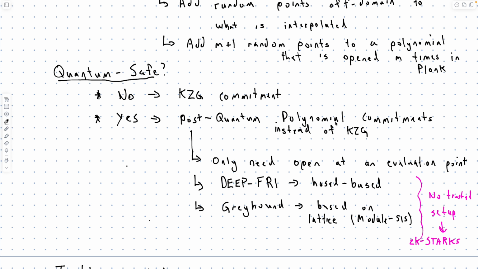KZG had some extra features. For example, if you had a commitment to polynomial A and a commitment to polynomial B, you could create a commitment to A plus B without knowing A or B. So it had this homomorphic property. We actually never used that in Plonk. KZG's own opening proof uses that property, but in Plonk we never used it, or the multiplicative homomorphic property, or the bilinear pairing.